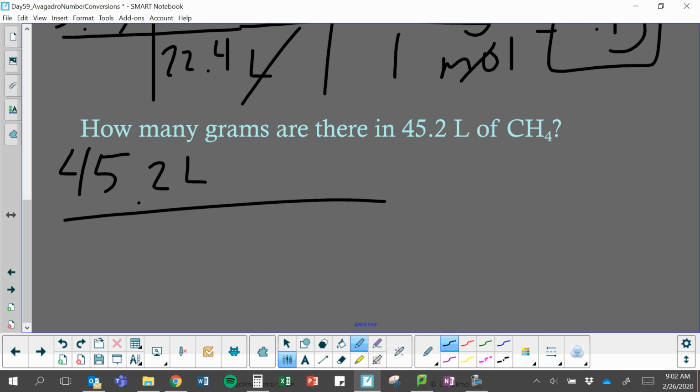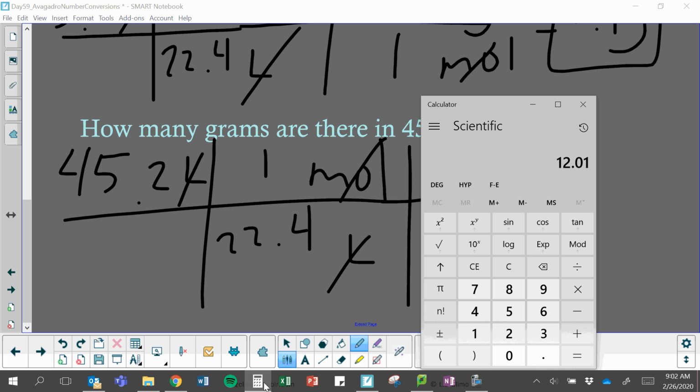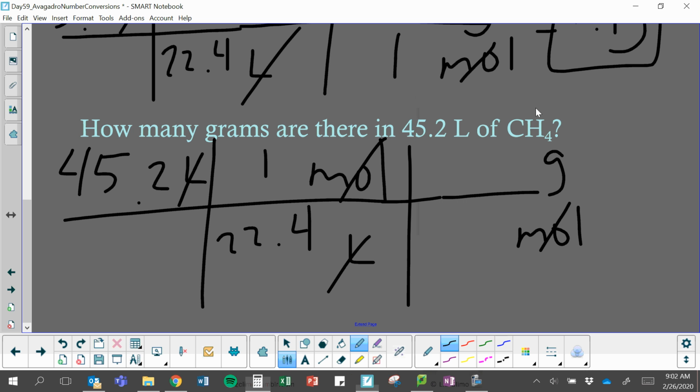45.2 liters. We're going to go from our liters to moles. 1 mole has 22.4 liters in it, but our liters can cancel. Our moles we can turn into grams so that our moles cancel. We just need the molar mass of CH4, which is 12.01 plus 4 times 1.04, 16.05 grams per mole.